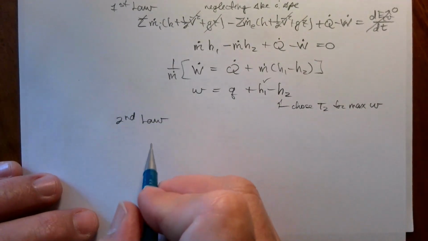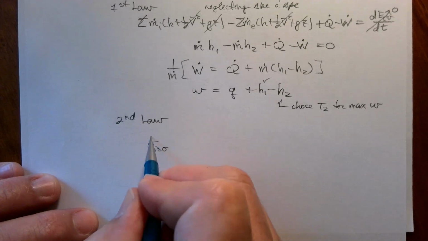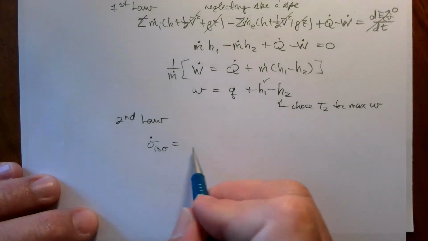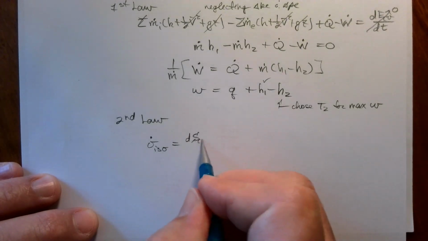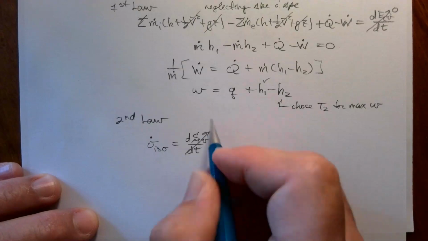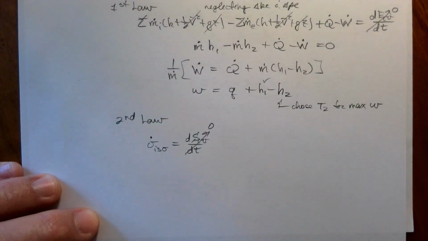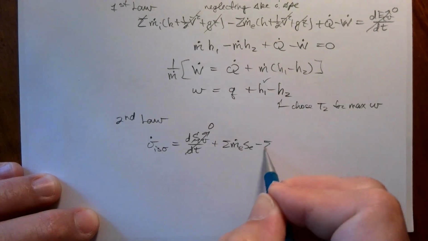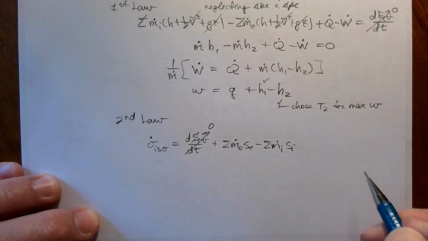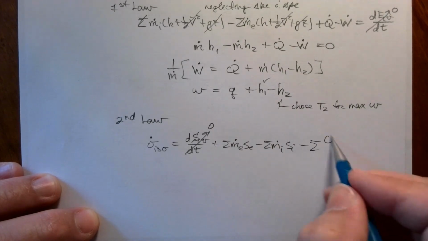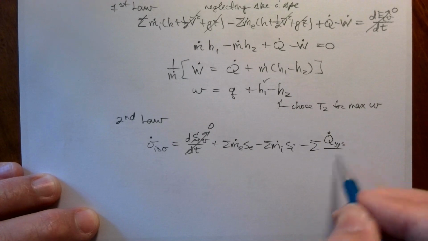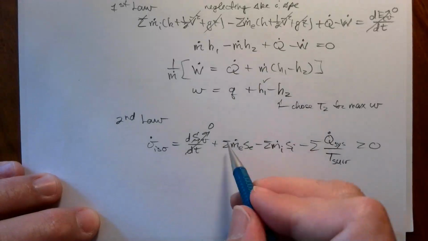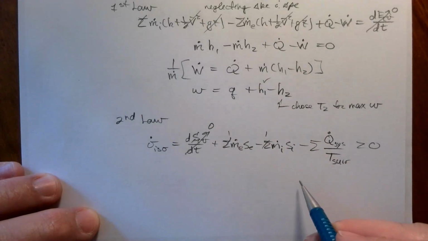Okay, for the second law, I'm going to use sigma dot isolated. This is equal to, you don't have to show this term, I'm just going to remind myself that it exists, but it's steady, so that's going to be gone, plus the summation, its exit comes first, minus what's coming in for an inlet, minus the summation of Q dot system over T surroundings, so that's got to be greater than or equal to 0, one inlet and one exit.